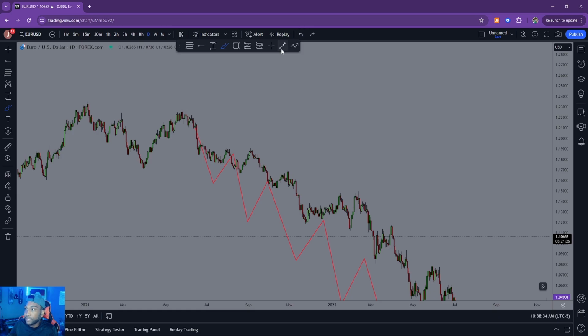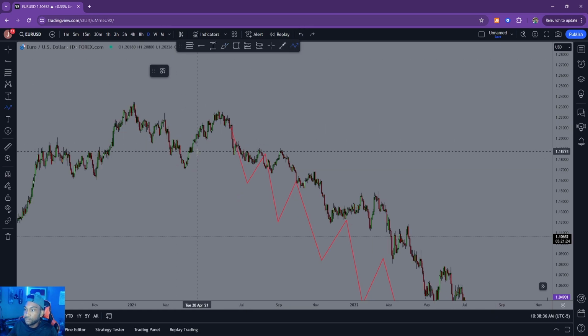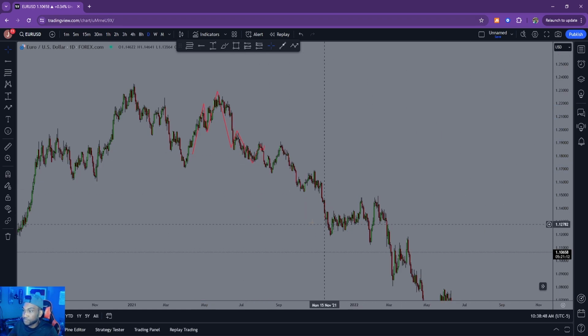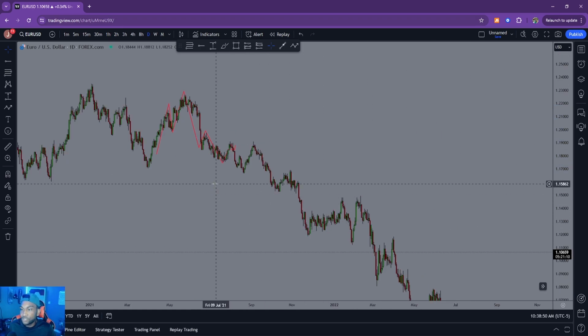So if I put the arrows back right here, we've got boom, boom, boom, boom, boom. Again, it's not as steep and as perfect as that first set of arrows, but hopefully you get the point.